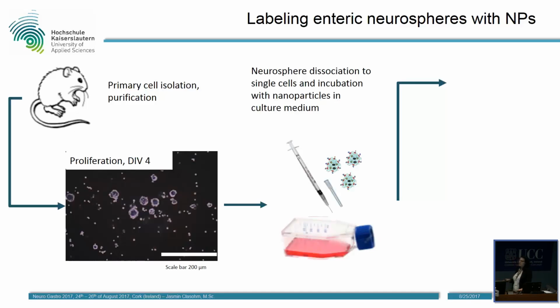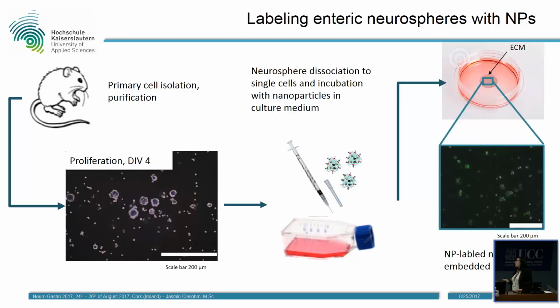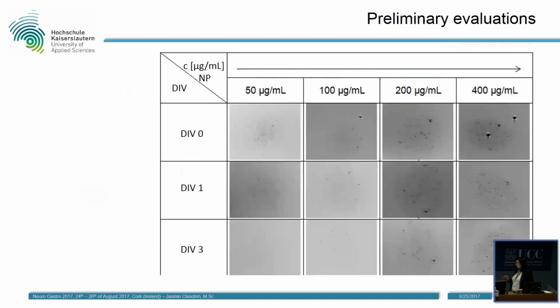This was necessary to ensure that the nanoparticles are really incorporated in the single cells, and not in between the cells in a neurosphere. After 2 additional days to regenerate our neurospheres, where the cells were labeled, they were embedded in an ECM spot and placed in a petri dish for further observations.